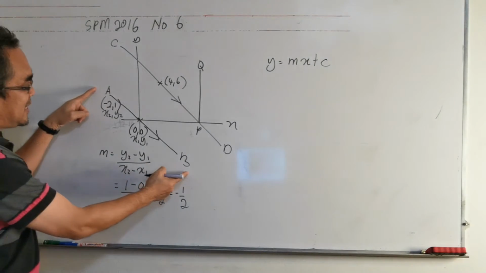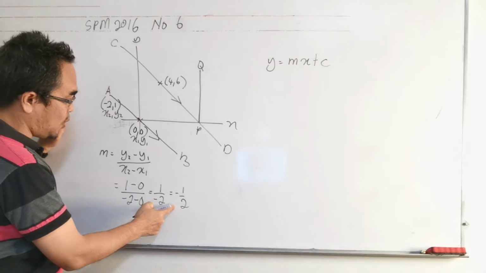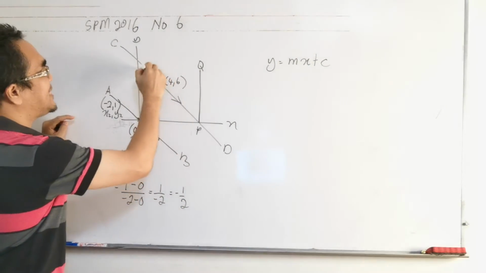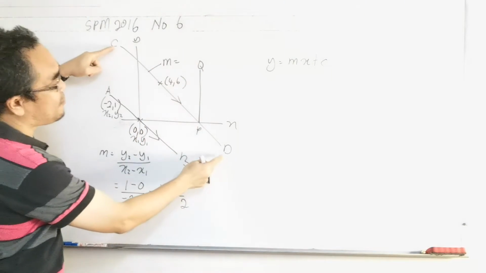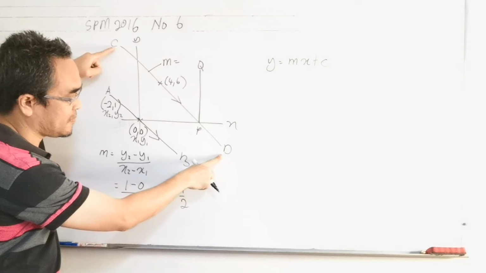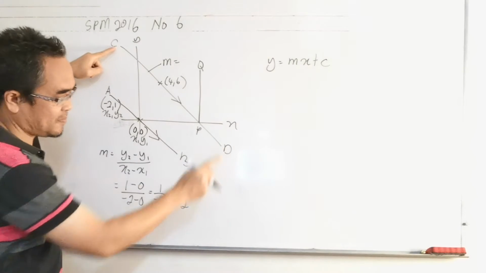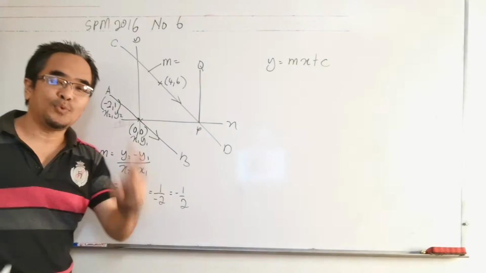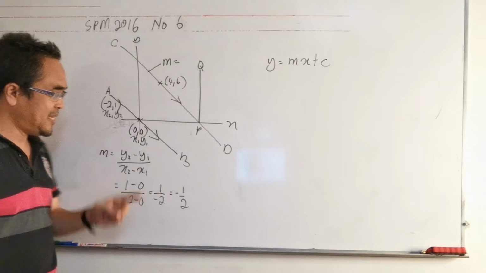The gradient of AB is -1 over 2. What is the gradient of this line, Ben? If two lines are parallel, they have the same gradient.